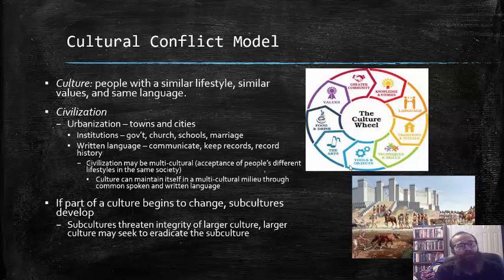Now, if part of a culture begins to change, subcultures may develop. Subcultures threaten the integrity of that larger culture, and often that larger culture may seek to eradicate that subculture within it.